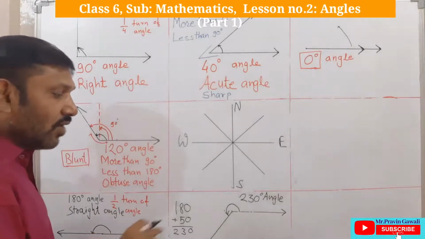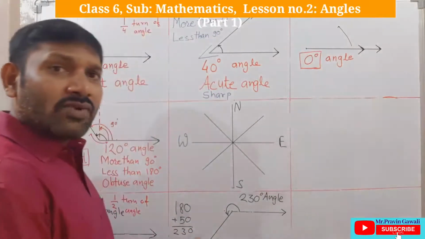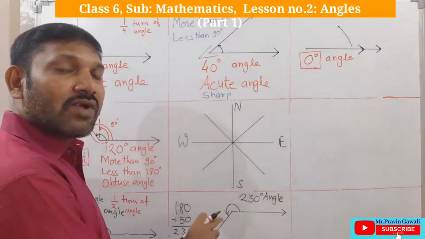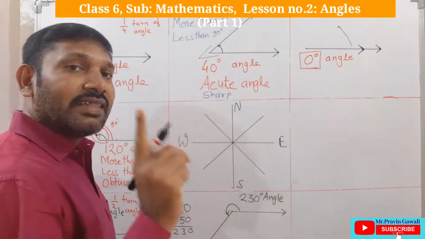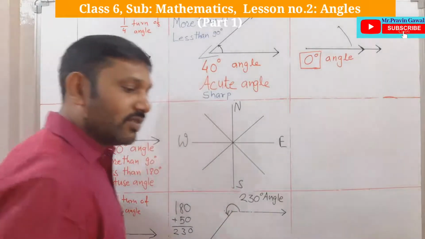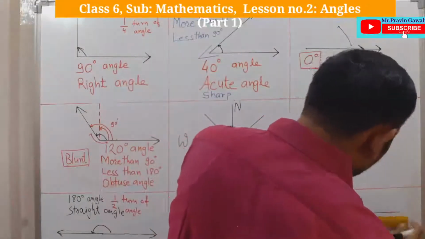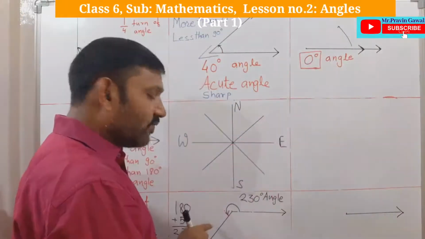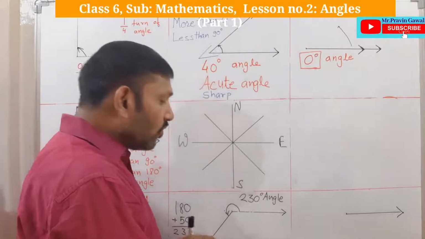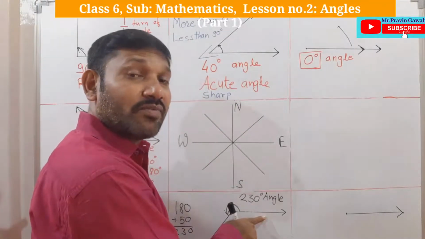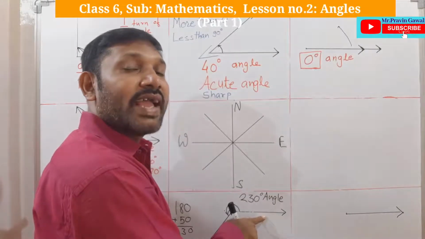Okay, student. Now I would like to tell you the name of this angle, but before that I would like to draw one more angle. So let's draw. This is the initial position, and if this hand moves further and comes back to its initial position, what kind of angle does it form?